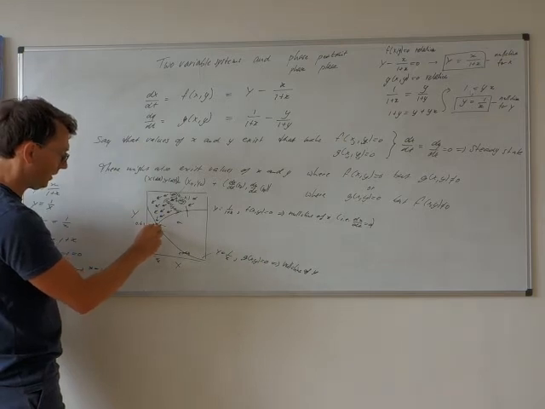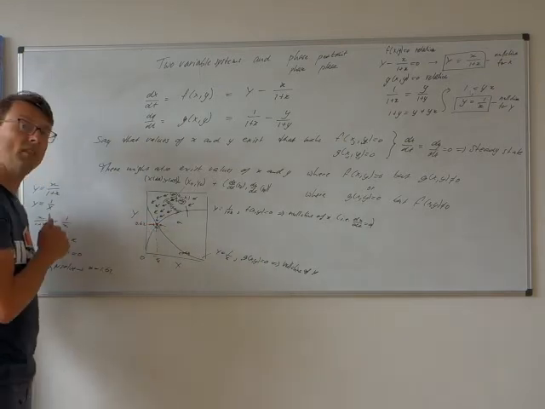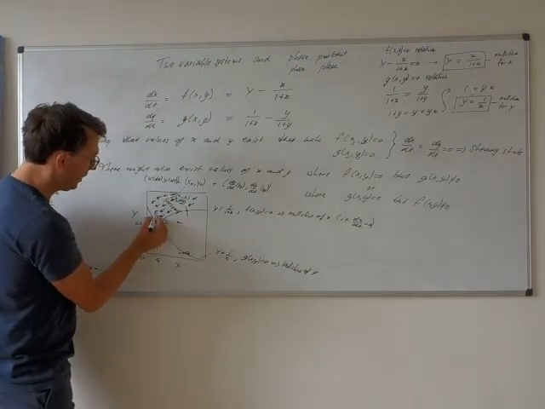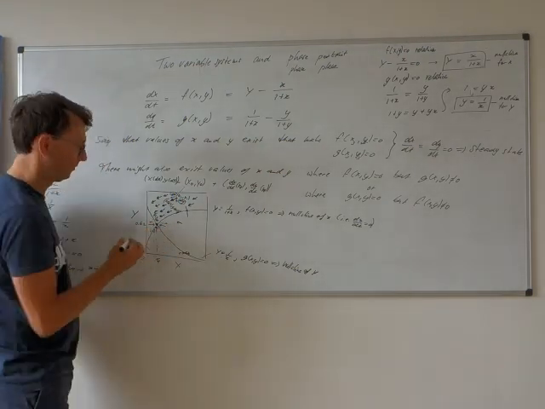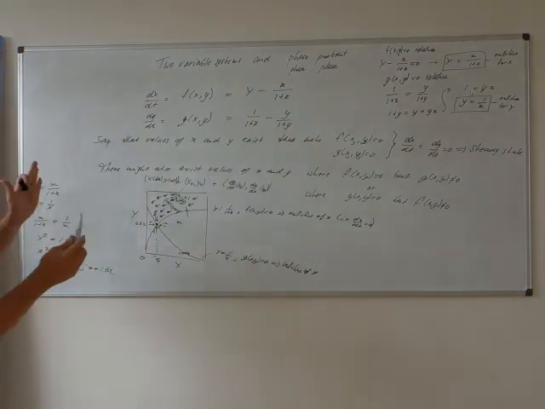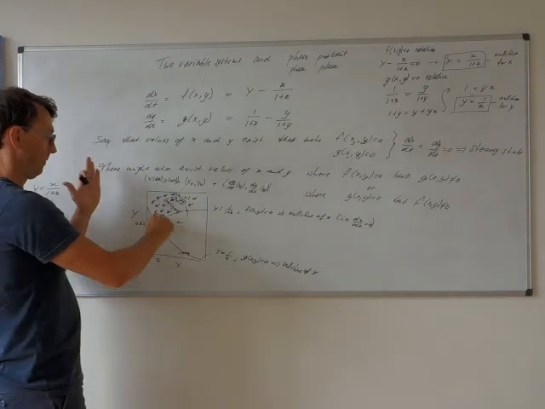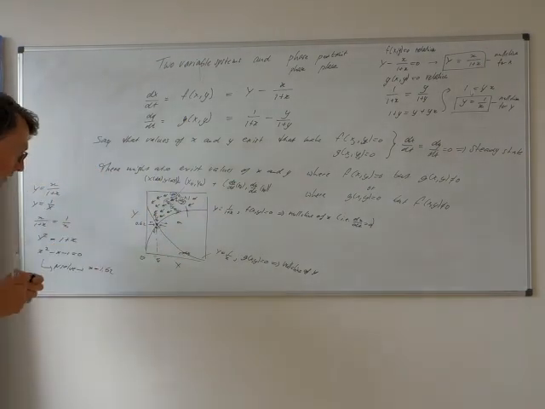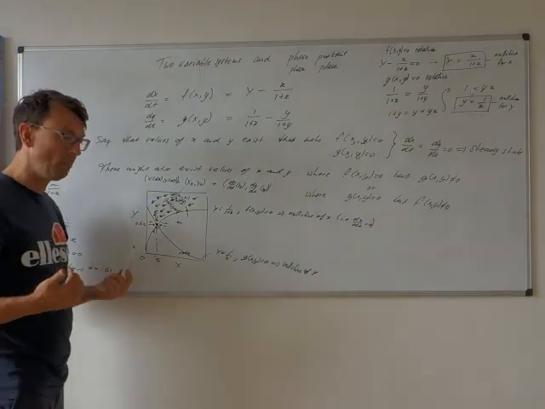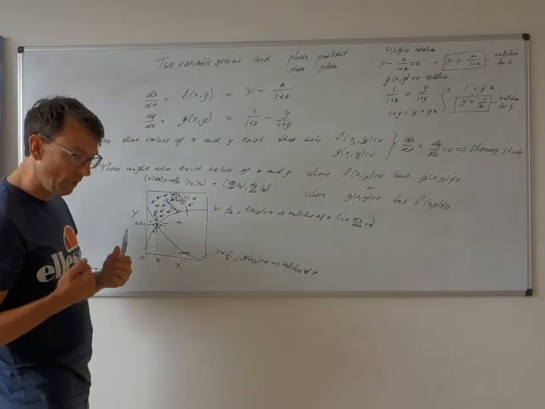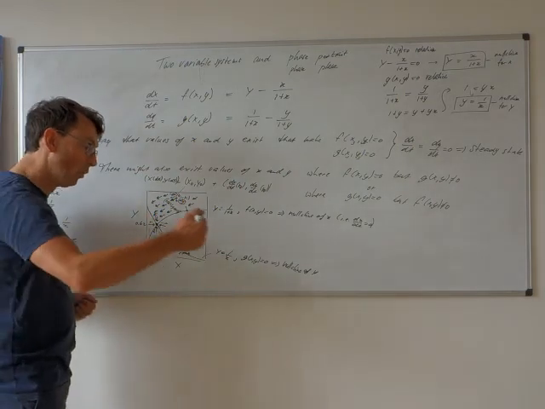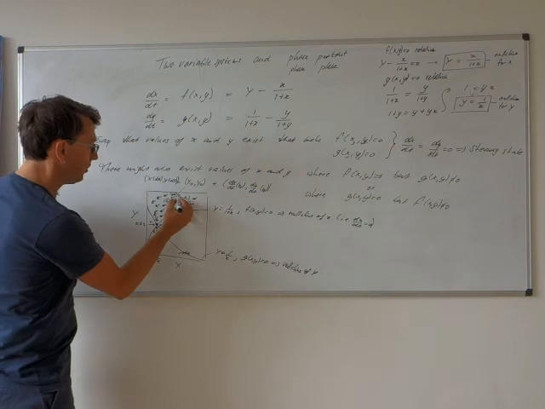If they point like this, then the system is stable, but if the arrows would point outward, then the system would be unstable. So drawing the null lines, identifying the intersections, and identifying these arrows that represent the direction in which the system moves at a certain state of the system.